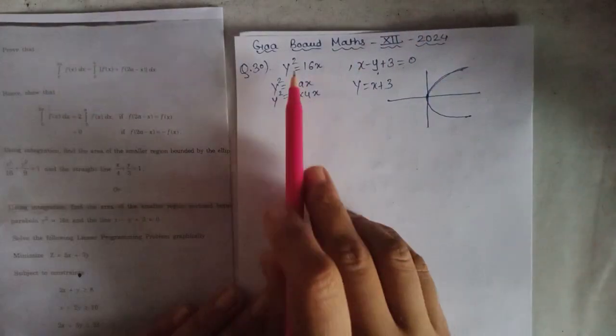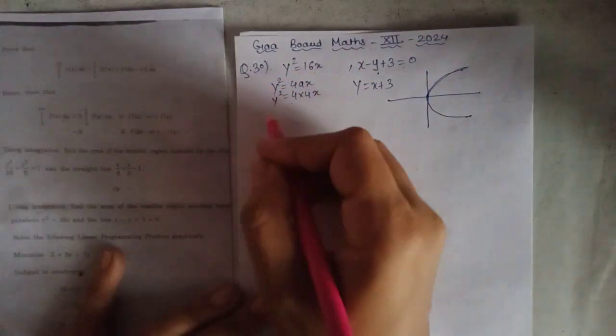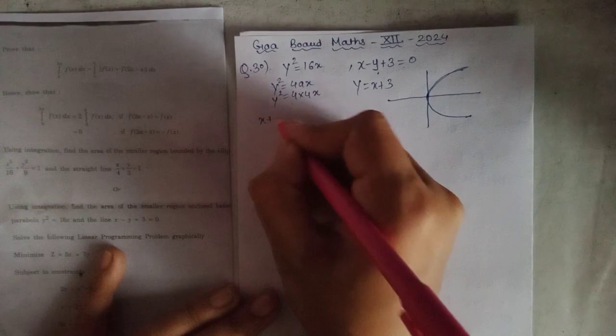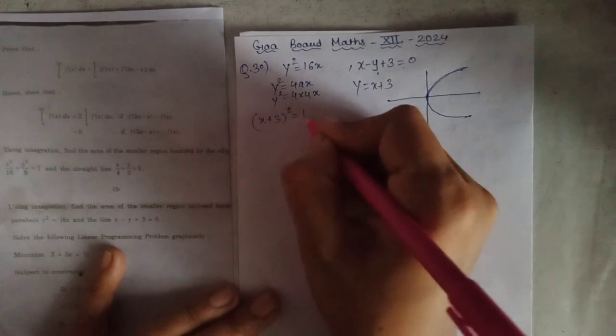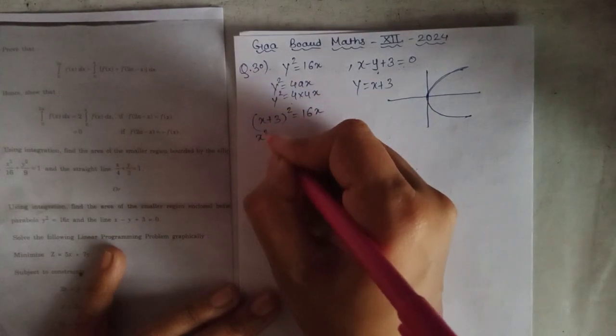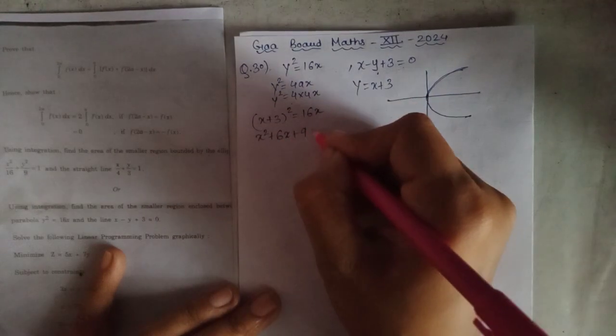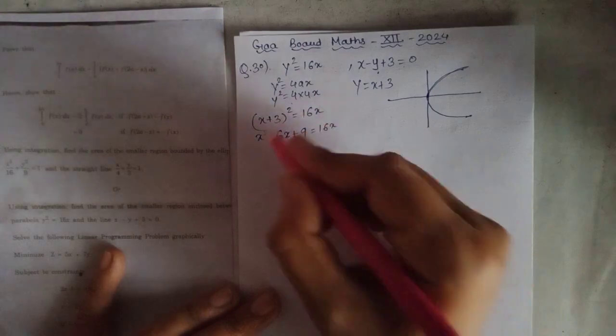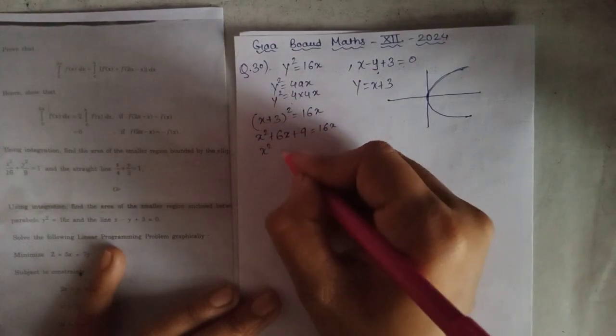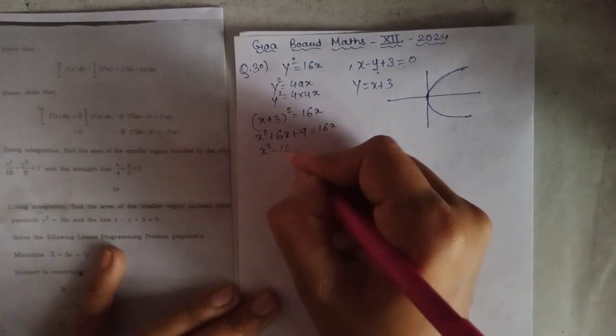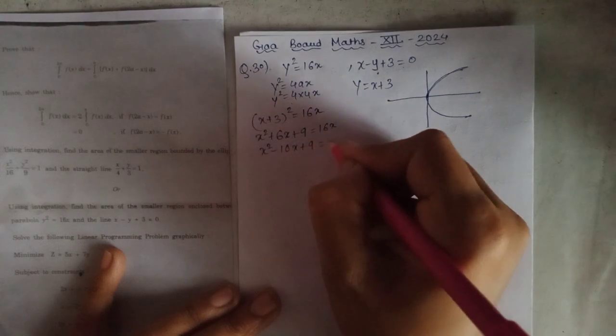Okay, substituting in equation 1, that is y square equal to 16x, x plus 3 whole square equal to 16x, x square plus 6x plus 9 equal to 16x, x square minus 10x plus 9 equal to 0.